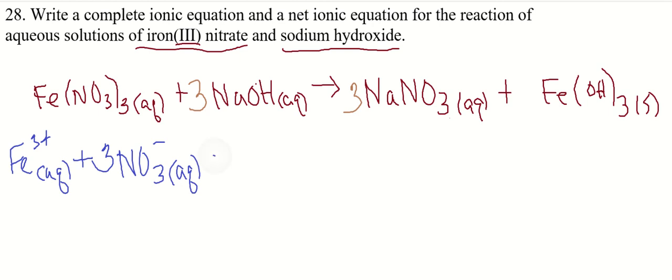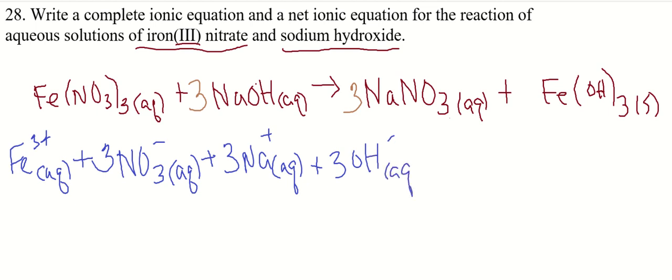Okay, sodium, there's 3 of them, and there's 3 hydroxides, all floating around this solution of water. 3 hydroxides, AQ. Don't forget your charges. All right, and we have, that's a negative sign. I'm going to go down here.